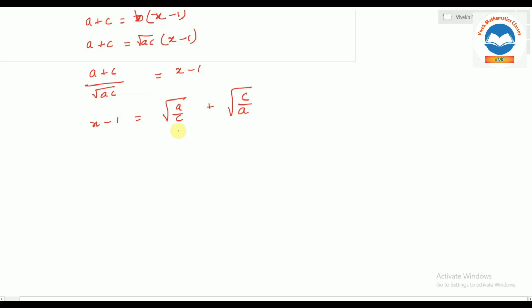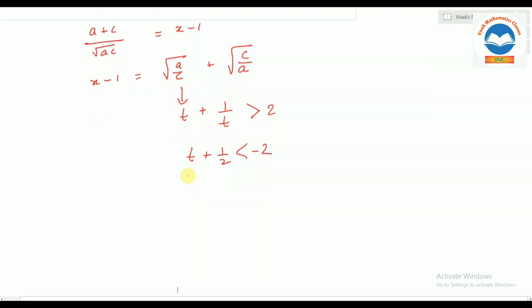Now if you see this, first term let us call it t, then the other will be 1 by t. So this value t plus 1 by t will be either greater than 2 or less than minus 2. So we'll apply both conditions. This x minus 1 should be either greater than 2 or less than minus 2.